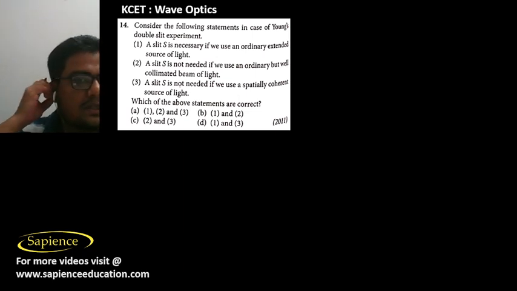A slit S is necessary if we use an ordinary extended source of light. A slit S is not needed if we use an ordinary but well collimated beam of light. A slit S is not needed if we use a spatially coherent source of light. So all those statements are correct options.